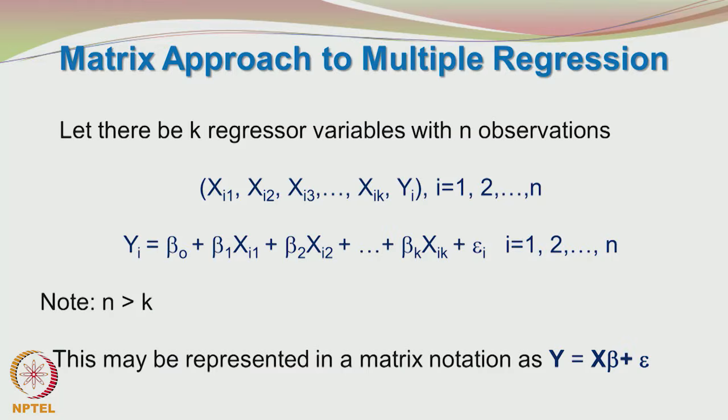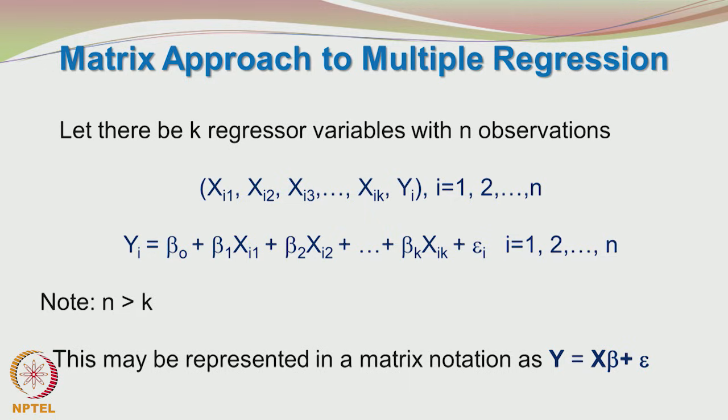So, you have now two subscripts, i and j, one subscript referring to the run order. i is the run order, you can go from 1 to n, and the j subscript refers to the index of the regressor variable.